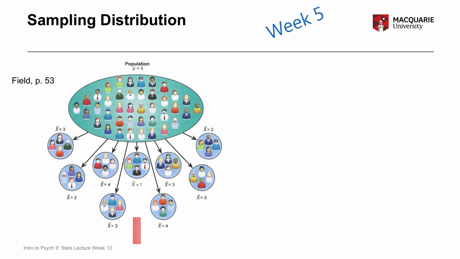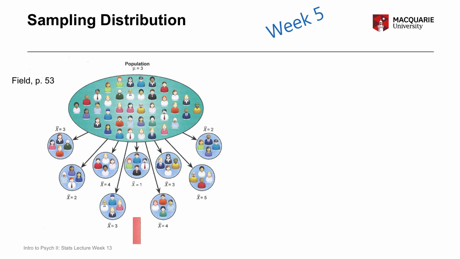So the example on the left-hand side here is demonstrating sampling variability, this idea of different samples being slightly different even if they're all representative of the population. So to use an example here, let's say that what we're measuring is the number of coffees that people drink in a day. So the population average is three coffees a day. And any individual sample that we take, made up of 4 people, is going to have a slightly different average when we look at the sample average.